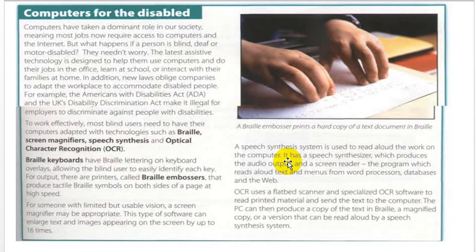The latest assistive technology is designed to help them use computers and do their job in the office, learn at school, or interact with their families at home. In addition, new laws oblige employers to adapt the workplace to accommodate disabled people.